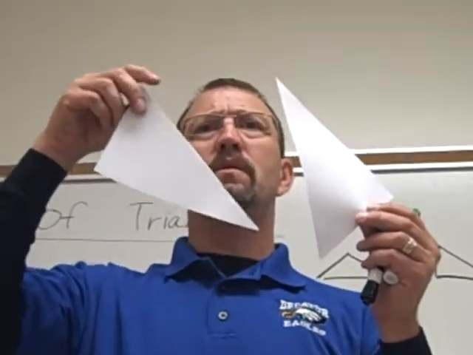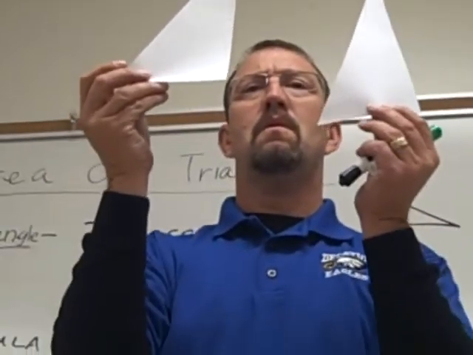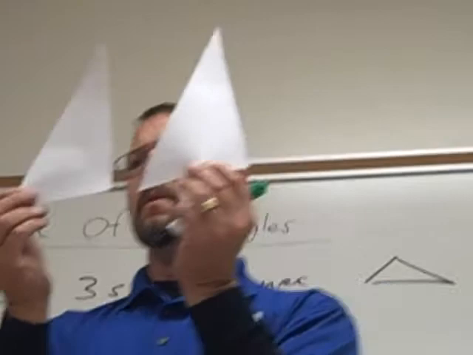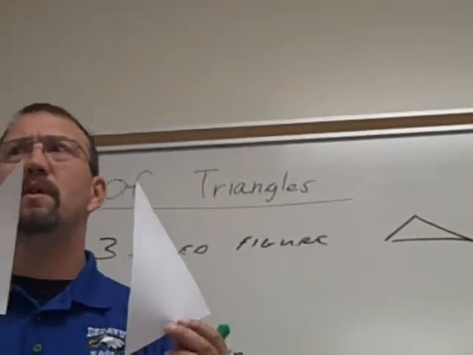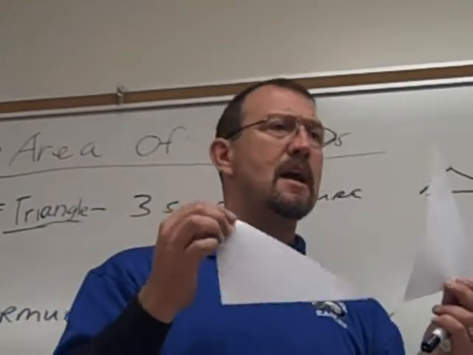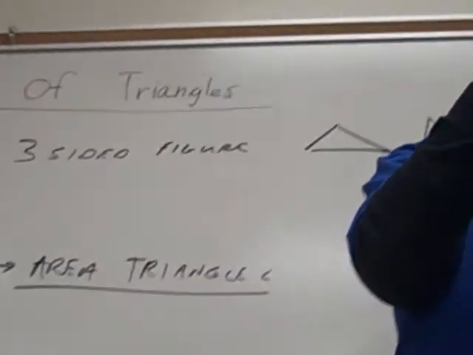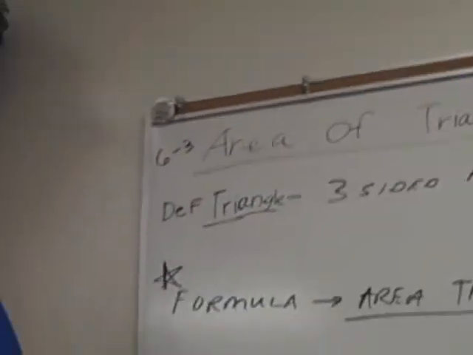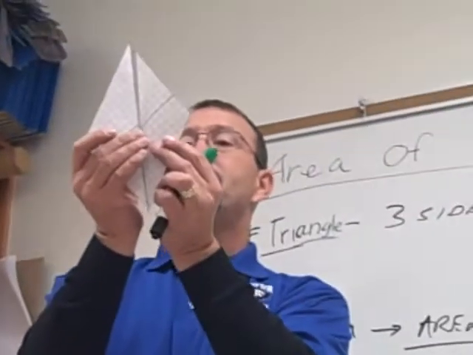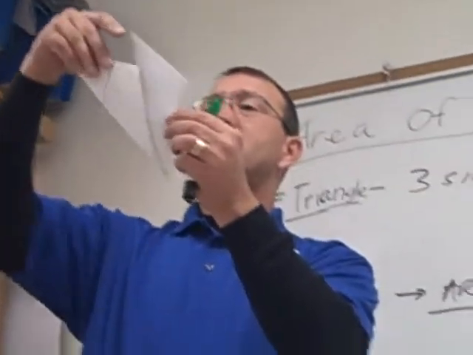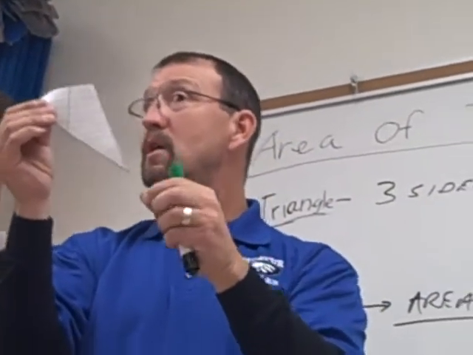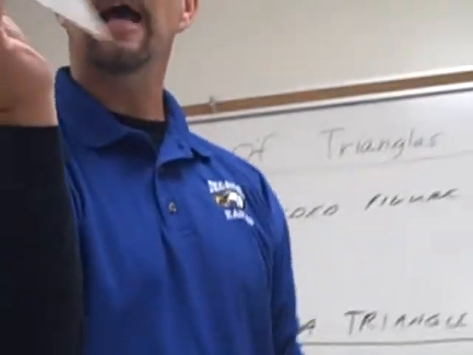But what are you noticing, y'all? McLean? The shapes are congruent. Oh, what does the word congruent mean? The same. So, are we saying if I cut from corner to corner, a diagonal, on a rectangle or a parallelogram, it makes two equal shapes?